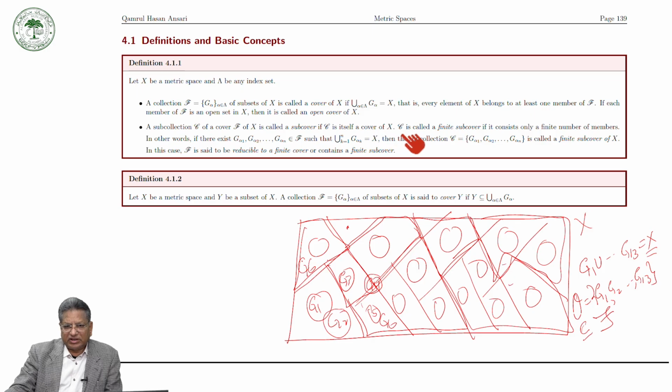A subcollection C of F is called a finite subcover if it consists of only a finite number of elements.